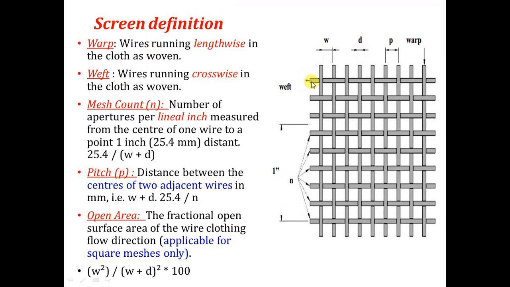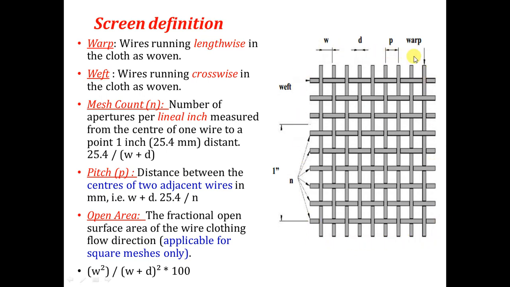So the open area is only the apertures here. It is the fractional open surface area of the wire cloth in the flow direction. So this is the open area in the screen.